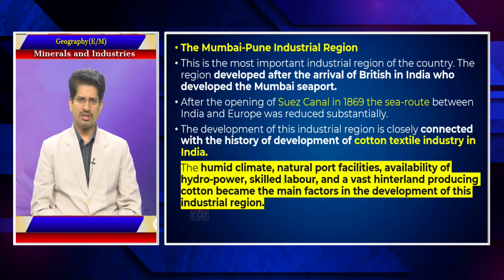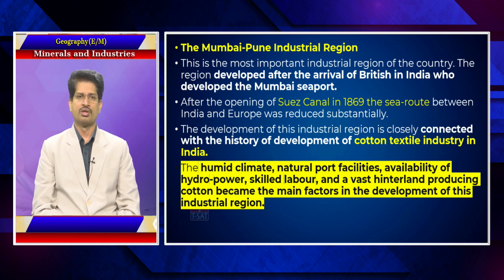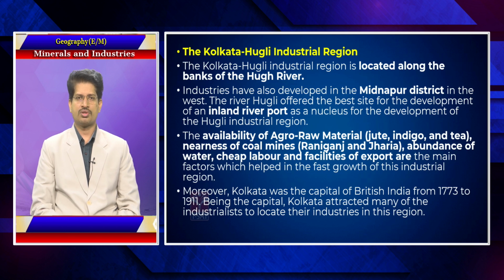So, because you have a hinterland which has the capability of consuming and supplying the essential raw materials, goods and services, it facilitated the development of the Mumbai-Pune industrial region. These are the factors you need to mention as far as the development of the Mumbai-Pune industrial region is concerned. Next is the Kolkata-Hubli industrial region.